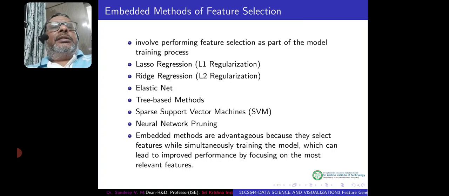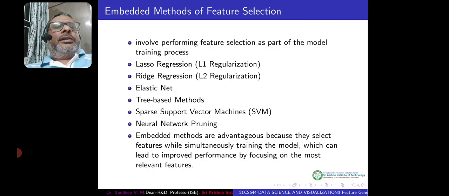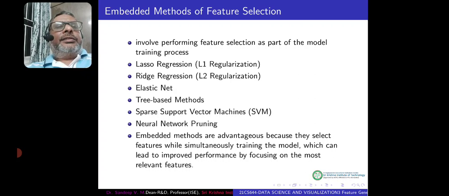All the things are put together, and the contribution of each parameter is modified through regularization, and that effect is automatically done during the training process, and hence this embedded method of feature selection gets the maximum votes when you are trying to choose.